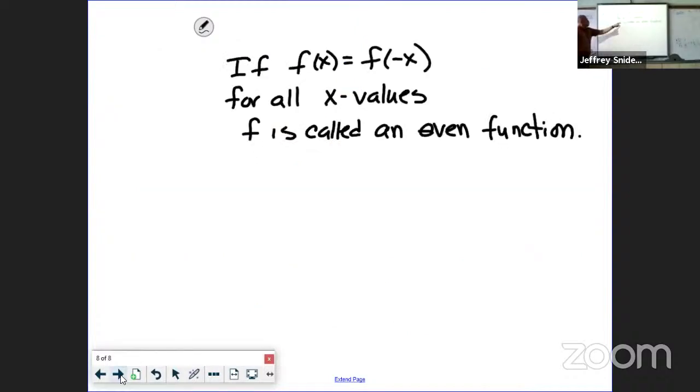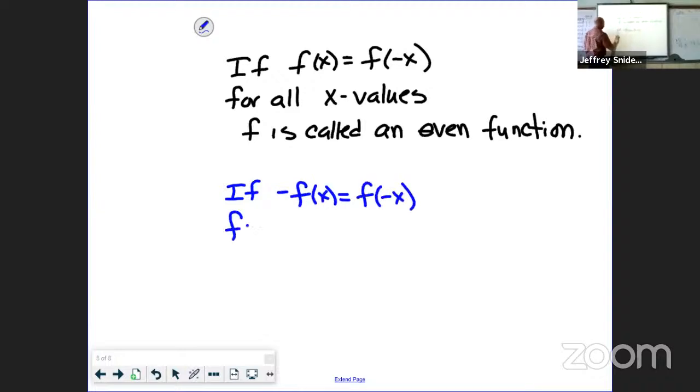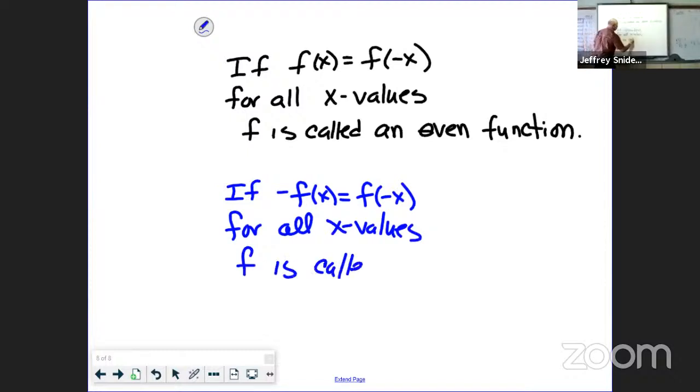Okay? So over here, the second one is: if negative f of x is equal to f of negative x for all x values, f is called an odd function.